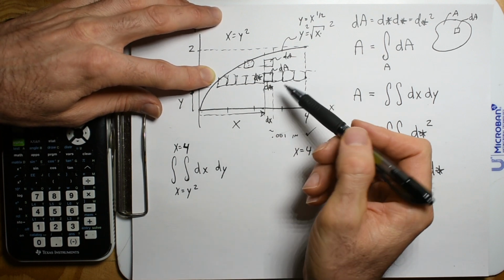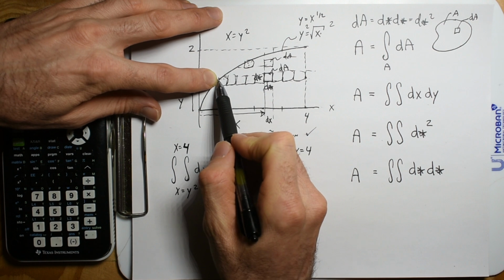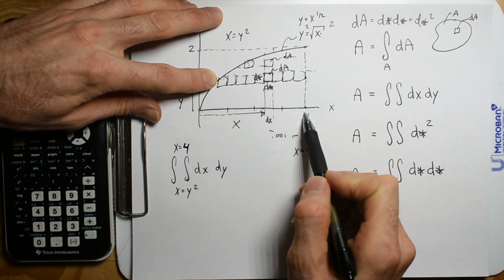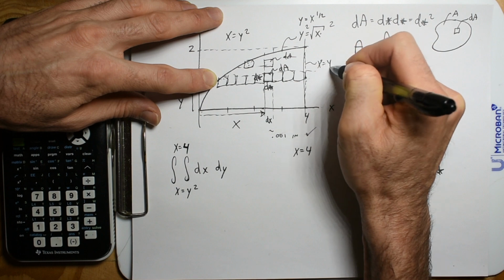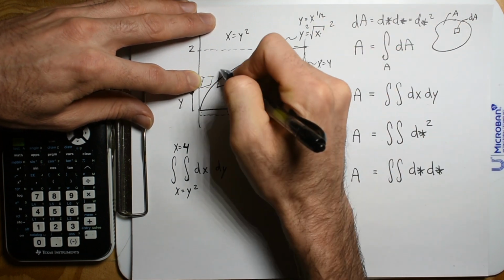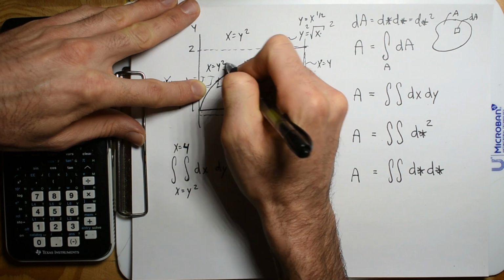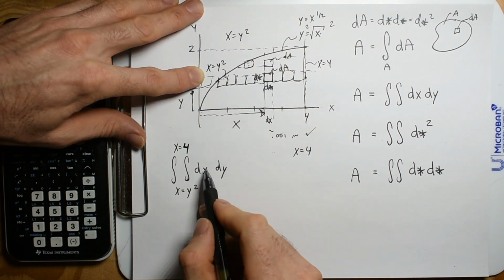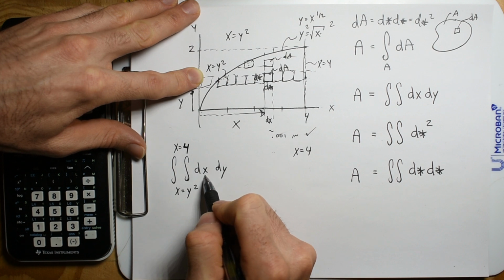Cool. So that's adding up all of these squares from that little wall all the way over to here. This equation is x is equal to 4, that's a vertical equation, and this equation is x is equal to y squared. Then we would integrate along those terms.